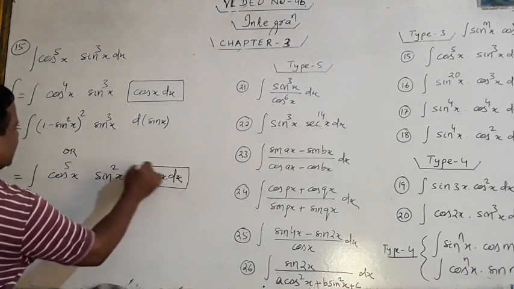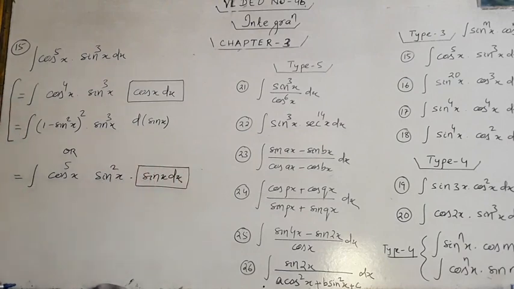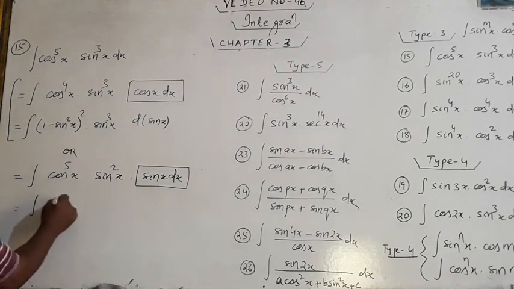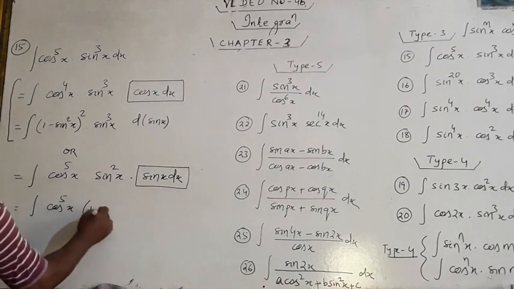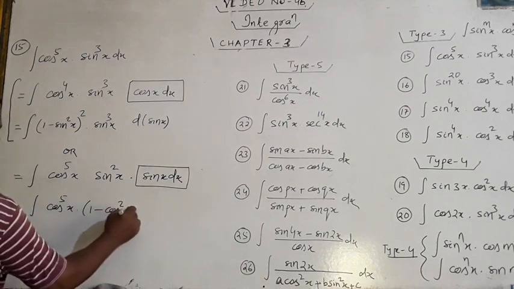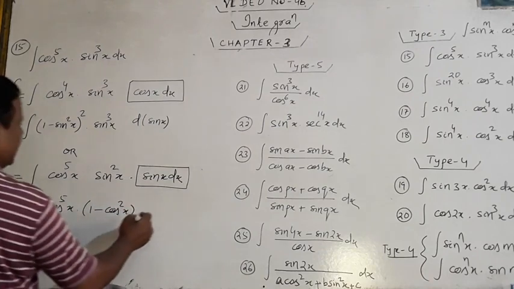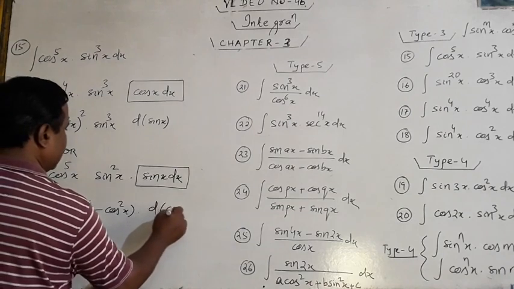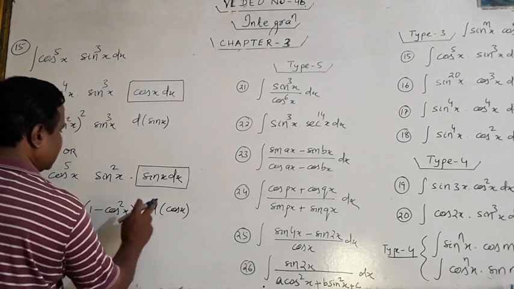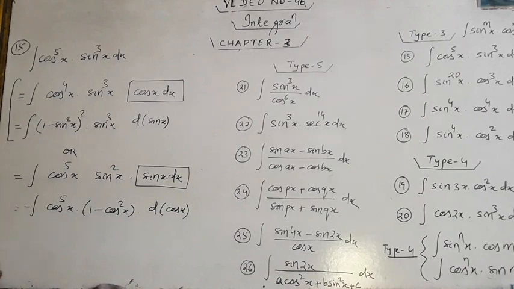Sin x dx is the derivative of cos x. So convert everything to cos. It is already in cos. Now it is cos 5 into 1 minus cos square x into sin x. It is derivative of what? Derivative of cos x is minus sin x. So you have to multiply minus sin here.